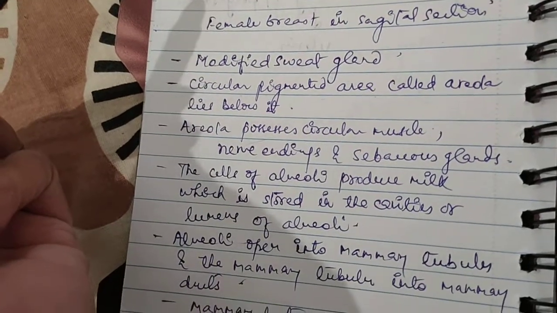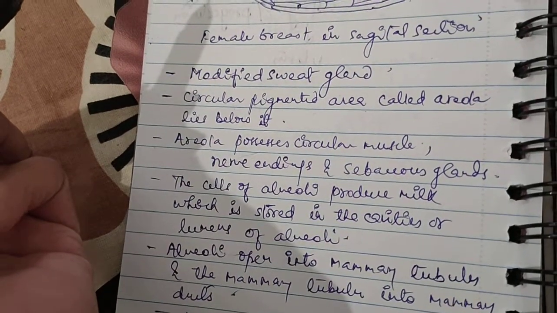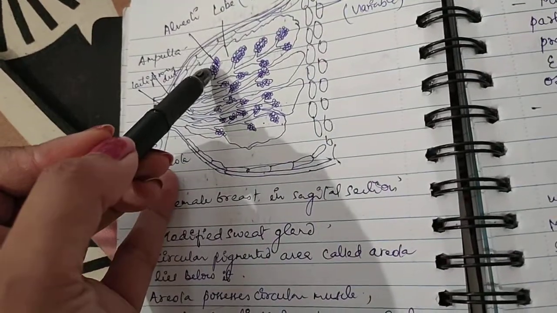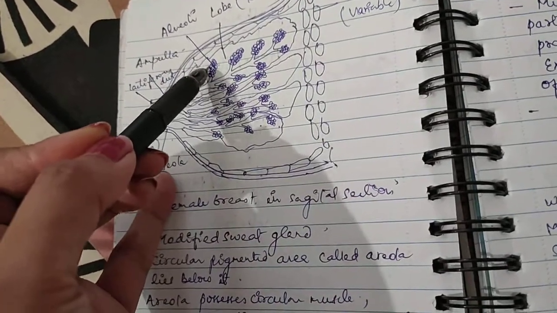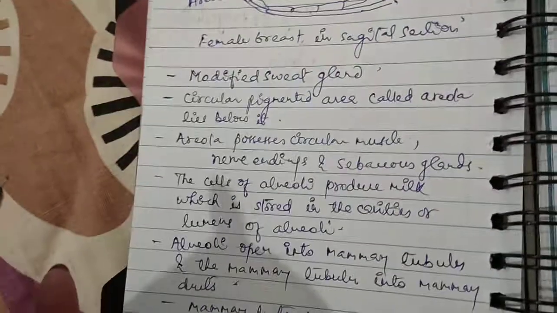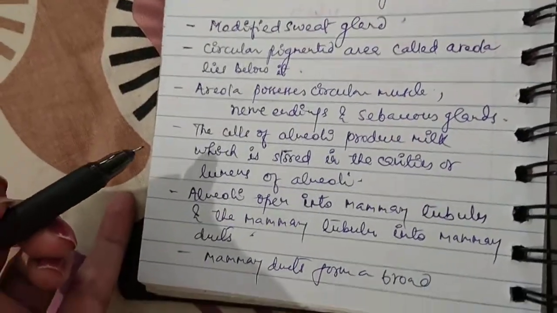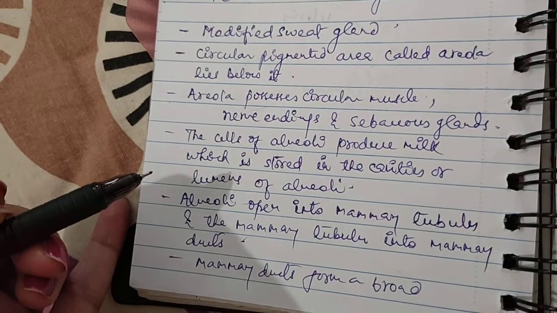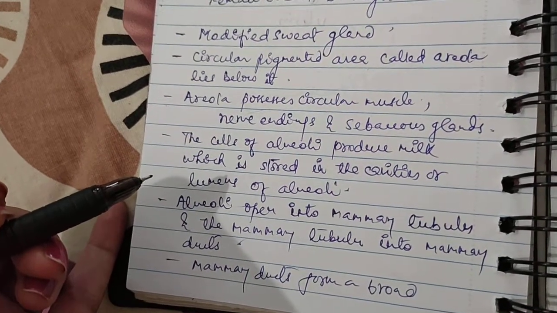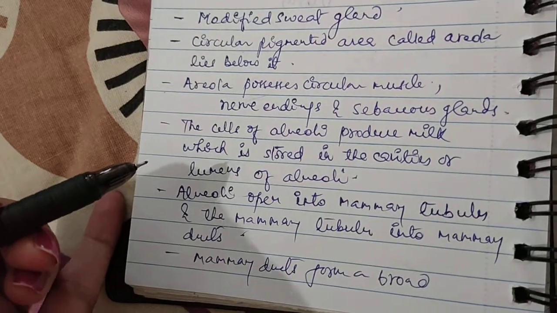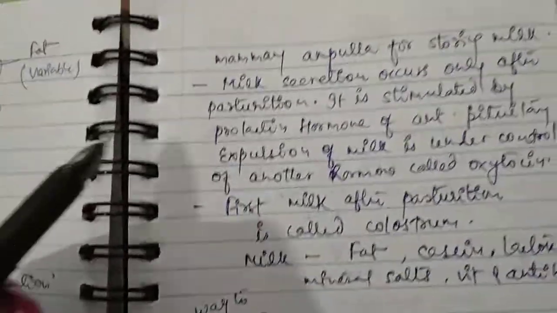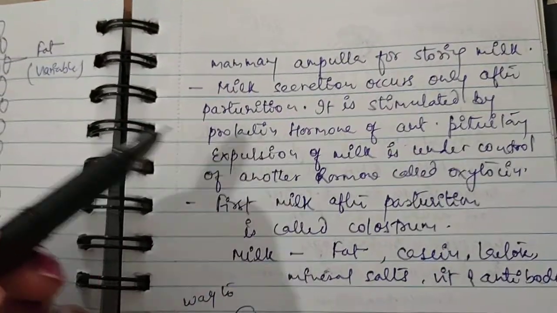The cells of alveoli produce milk, which is stored in the cavities or lumen of alveoli. As I told you here, this contains milk, and the alveoli open into mammary tubules and the mammary tubules into mammary ducts. So mammary ducts form a broad mammary ampulla for storing milk.